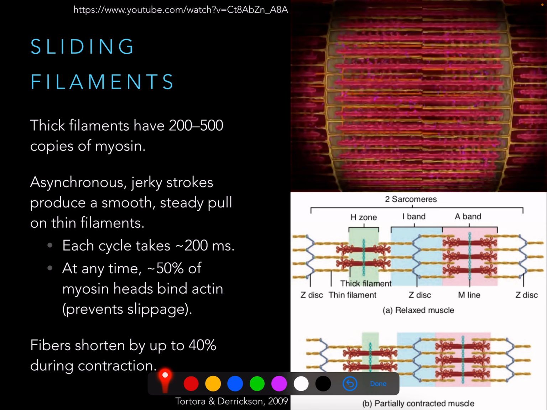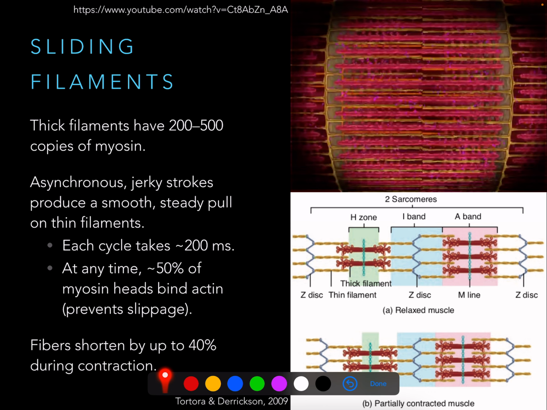Now, they're not all working together. This is not a rowing team. They're asynchronous. So each individual myosin head is doing something slightly different from its neighbors. About half of them are attached via cross bridges, going through the power stroke. About half of them are detached, no cross bridge, and they're going through the recovery stroke.